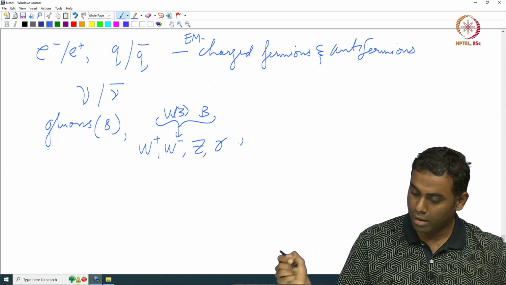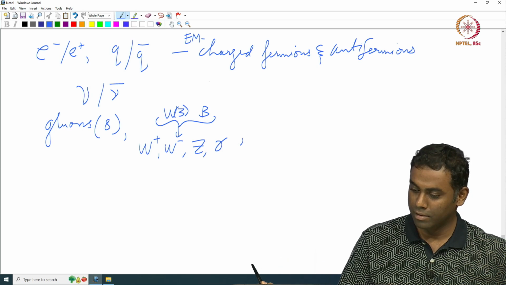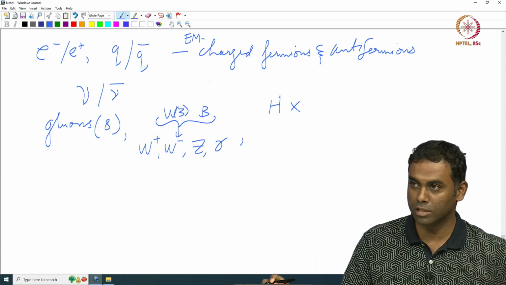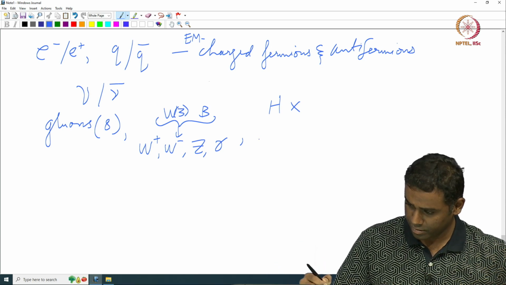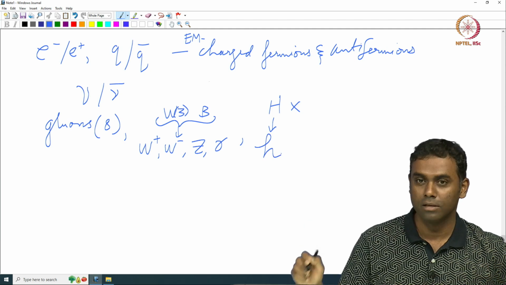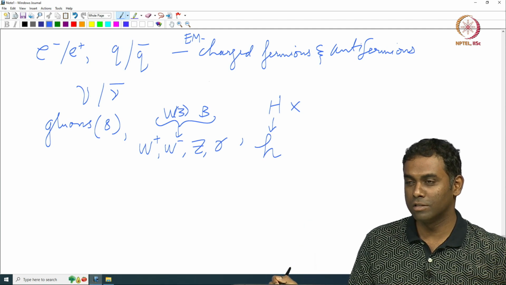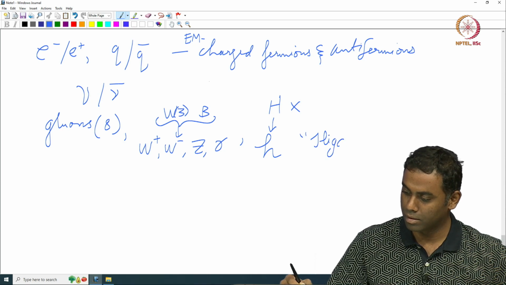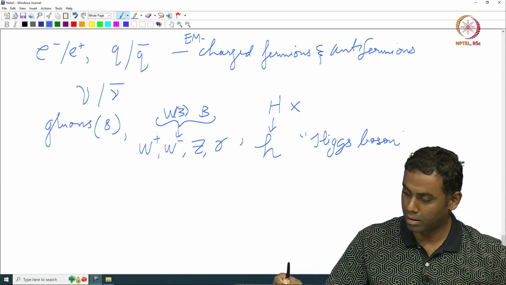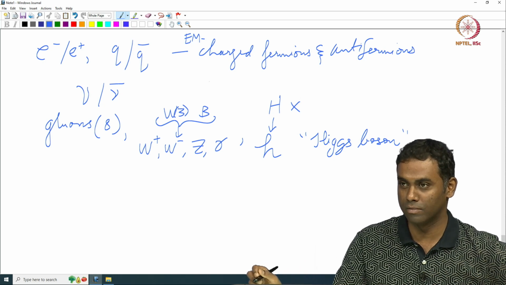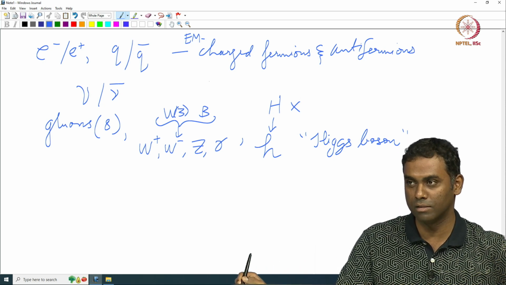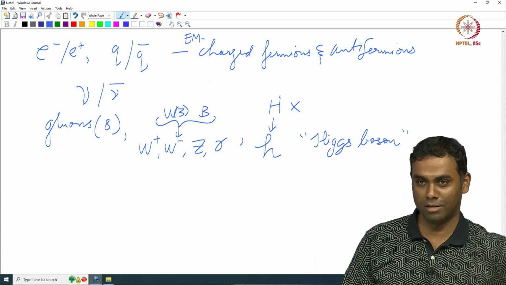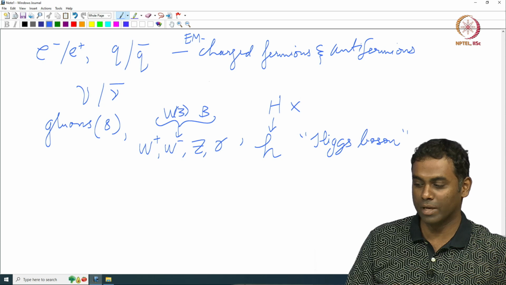And then most crucially, we no longer have the Higgs doublet that we wrote down last time. Instead, we will have a small h. What is this called? This is the Higgs boson. The capital H is not a Higgs boson. We will learn all this. This is a lot of fun. It's one of the most beautiful and important things in physics.